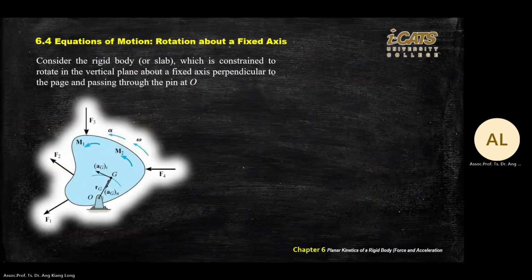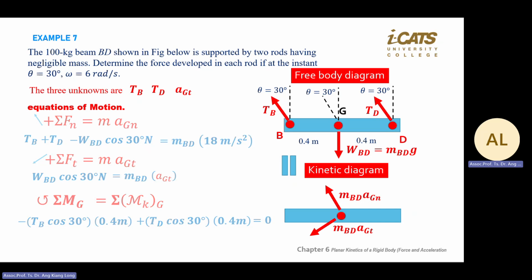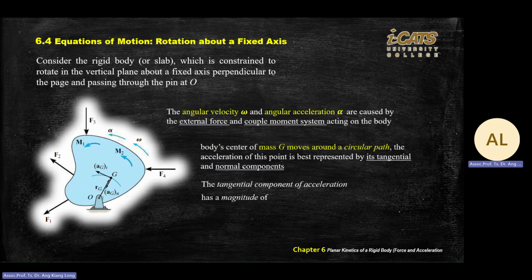Okay. All right, we move to equation of motion, rotation about a fixed point. Just now was also rotation about a fixed point, but this one is more of a revision. You've seen this before already. Again, acceleration in the normal direction, an, equals omega square r.